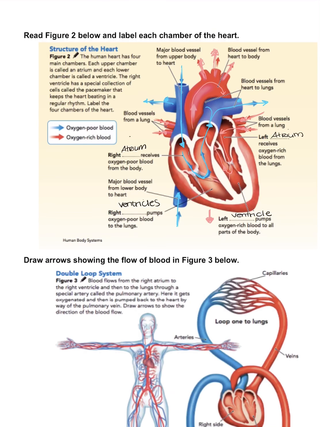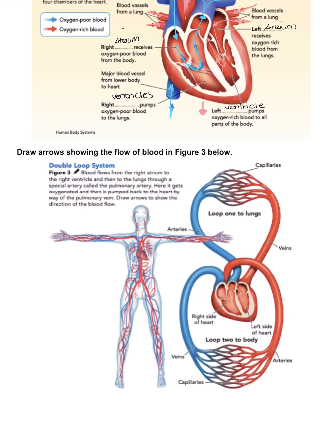If we were continuing on with the reading, figure 3 shows you that it's a double loop system. So kind of going through that circuit that I just talked to you about, moving down, going towards the bottom of the body and then coming back up.